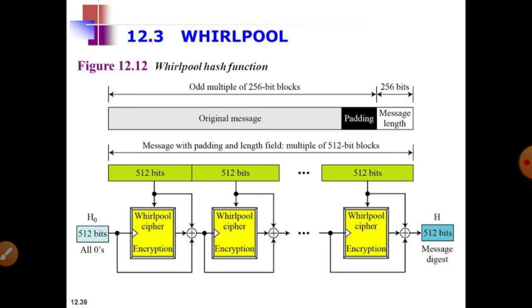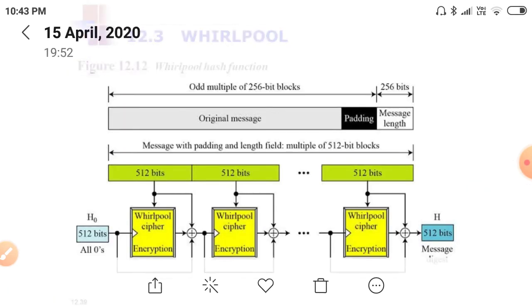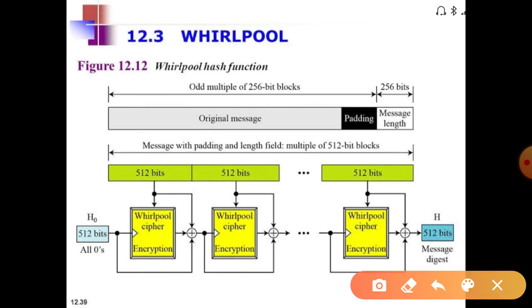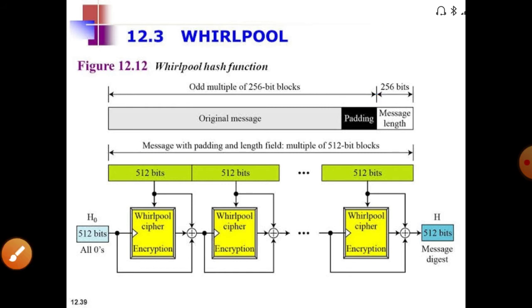So here, if you want to use the Whirlpool algorithm, the message length should be less than 2 power 256 bits.